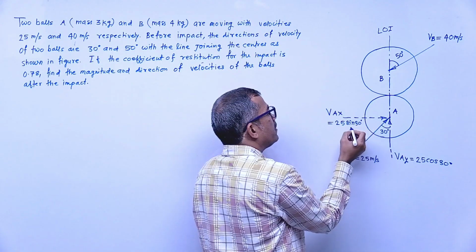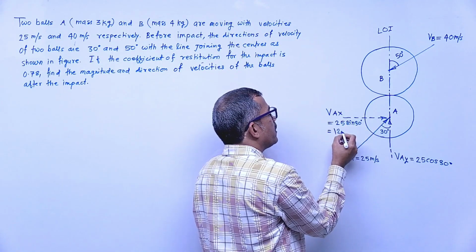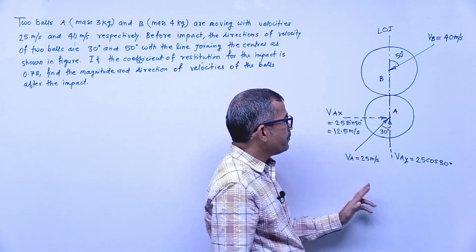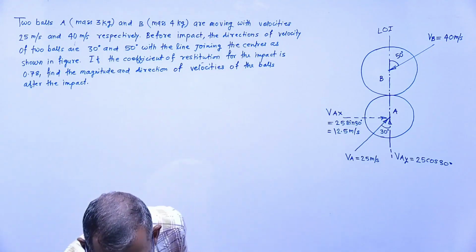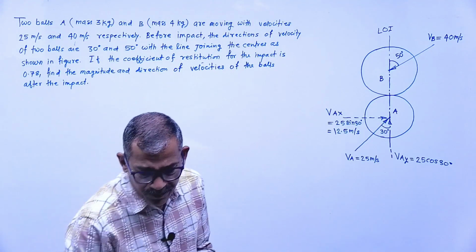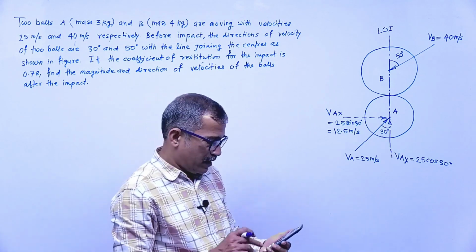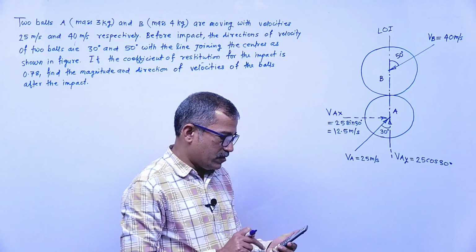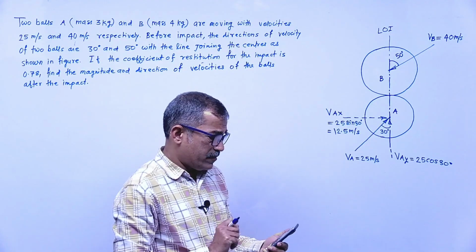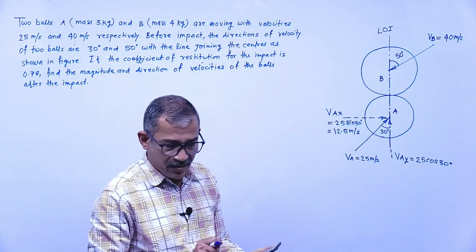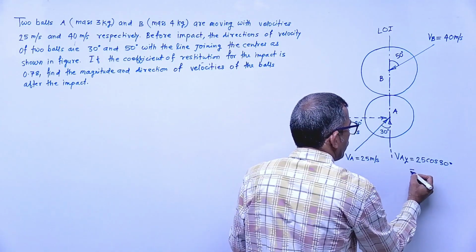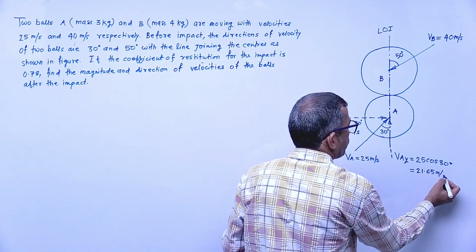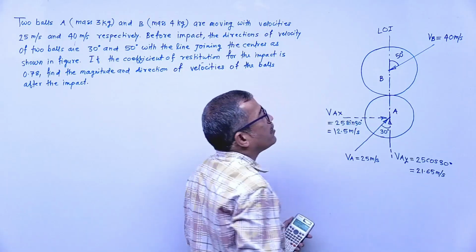Sin 30 is half, so VAX is 12.5 meter per second. Are you getting this? 25 cos 30 is 21.65, so this component is 21.65 meters per second.